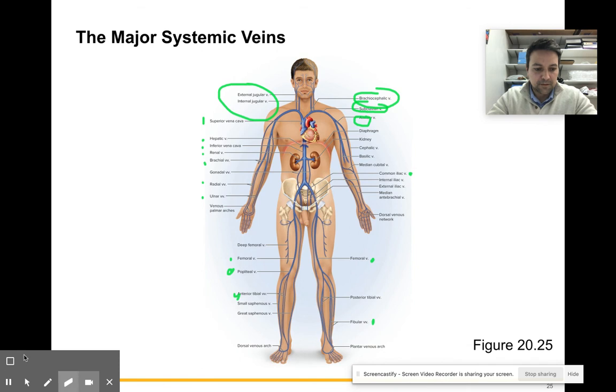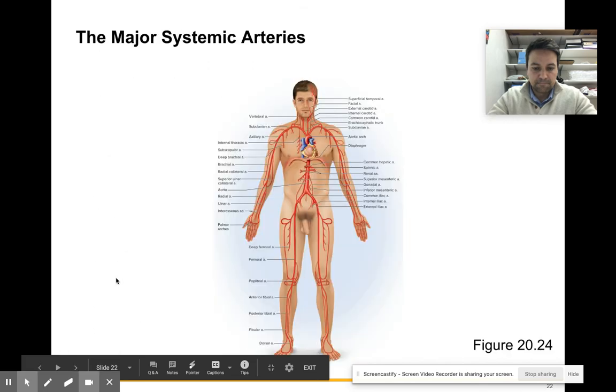Same thing for the arteries. If we go back up to the arteries. Same basic principle here.